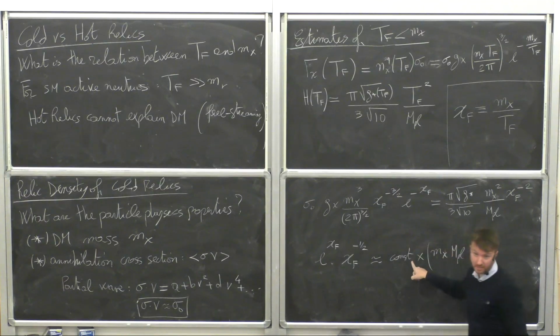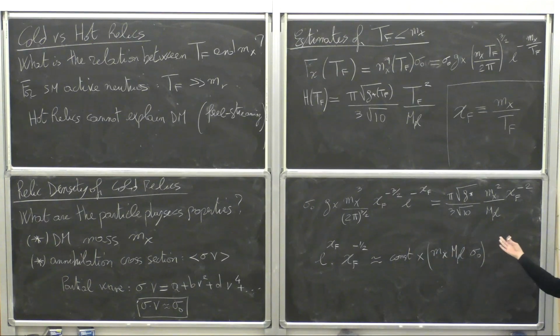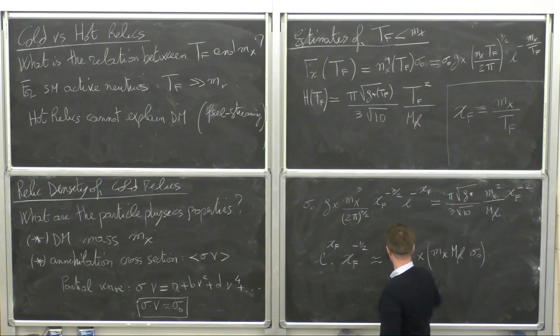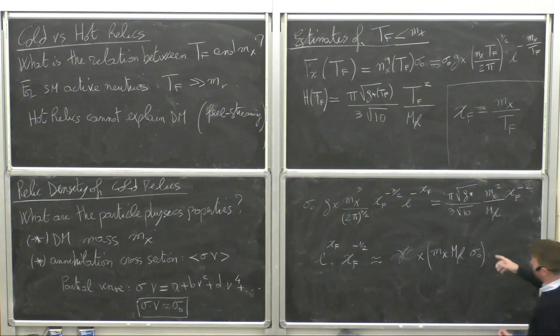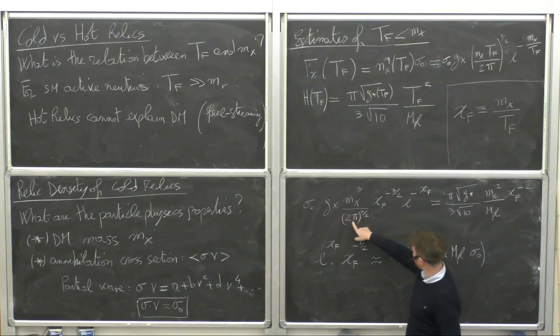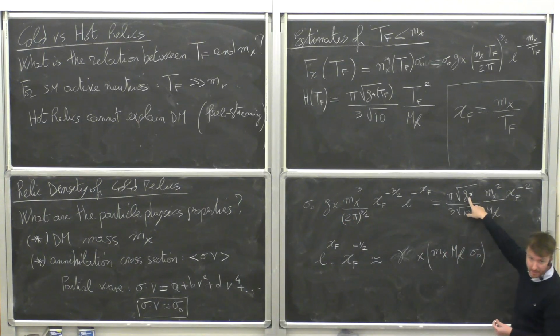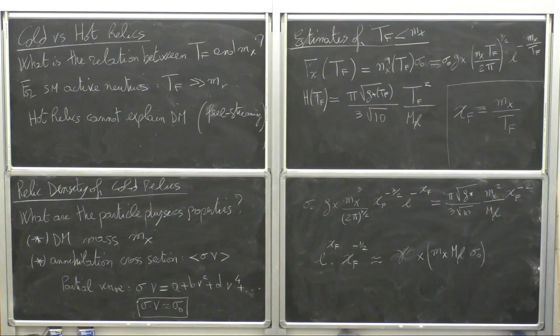This constant here, of course, is something that you can compute. Let's call this gamma. Gamma is a constant that would depend on g chi, 2 pi, square root of 10. The g star, of course, is also part of it. But you see, in this equation, there are no crazy big numbers. There are no numbers like 10 to a huge power. These are all numbers that are more or less under control.